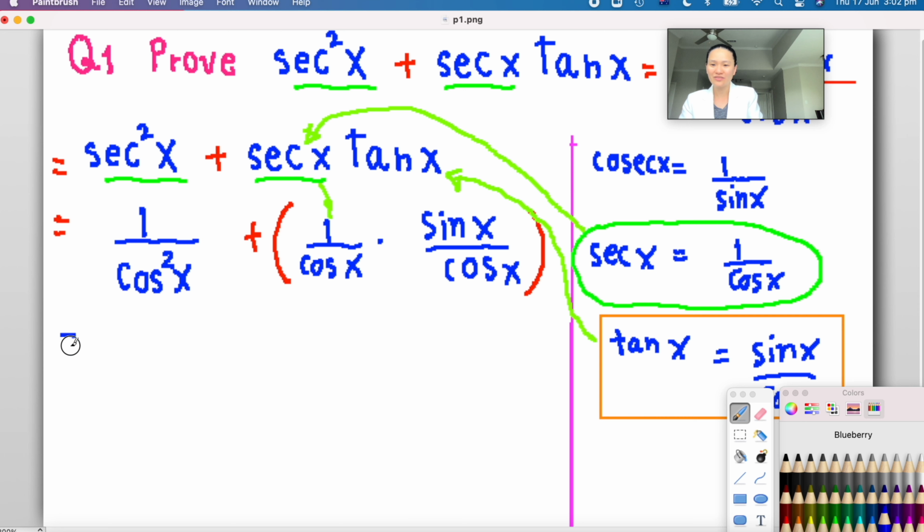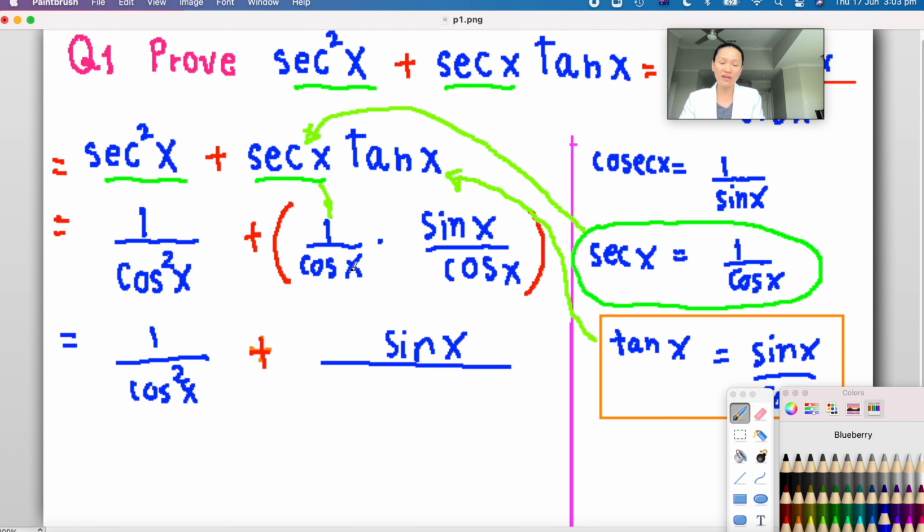So I know from this one I have 1 over cos x squared plus this here, and from here I know that, of course, 1 times sine x is sine x, cos x times cos x is cos x squared.